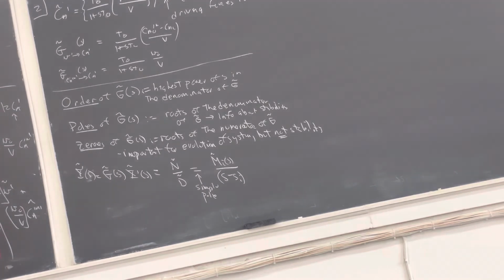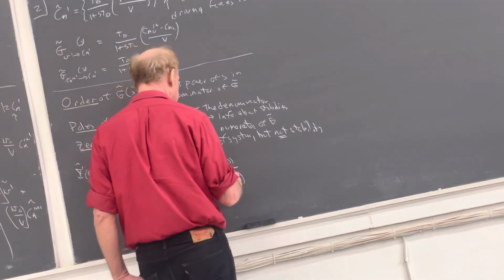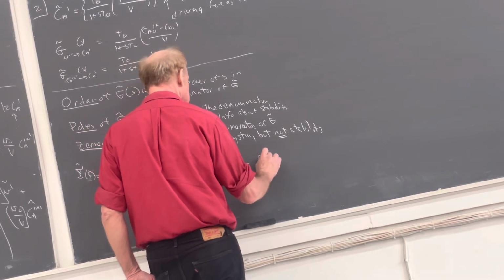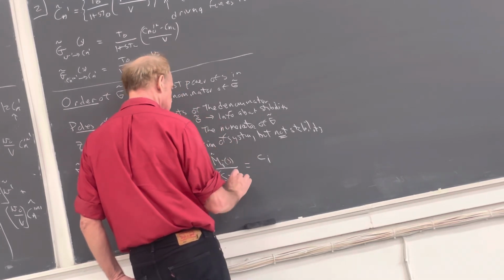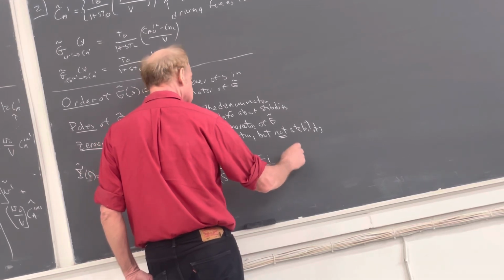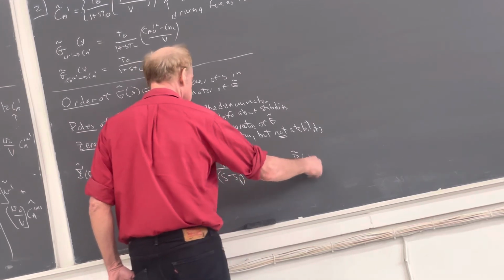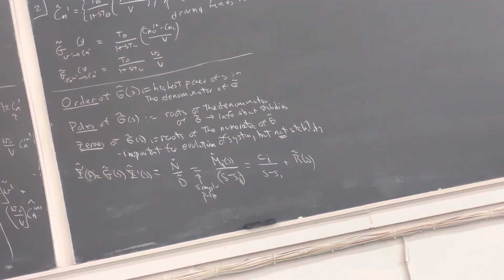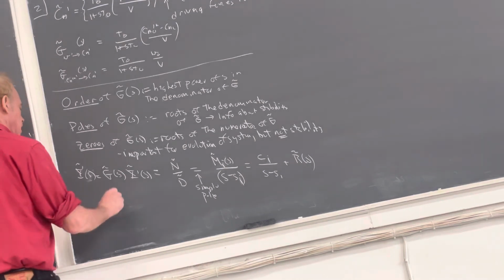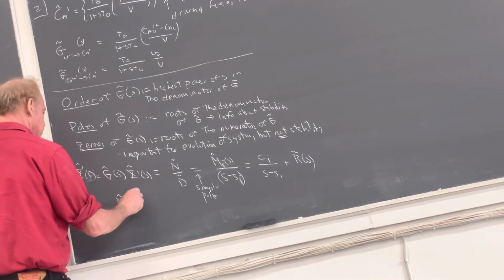And we had a formula for M_i. We said we could write this as C_1, let's call this 1, make it a little easier, C_1 over s minus s_1 plus some remainder tilde of s. And we went through that in great detail, but I want you to notice that C_1, we said, was equal to M_1 tilde of s_1.